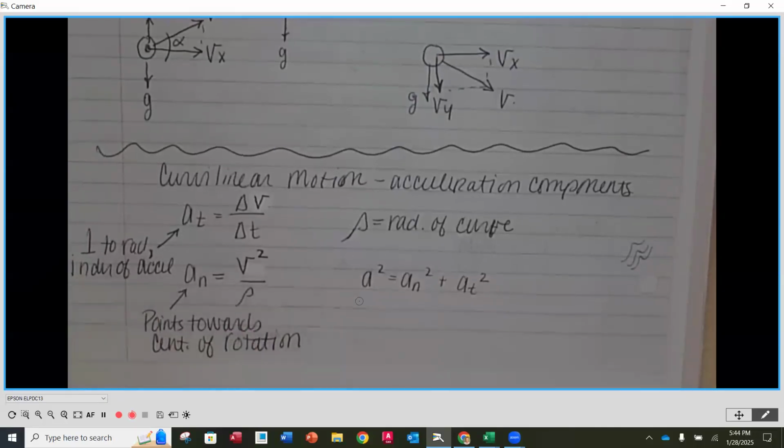And then I just put little notes that the tangential is going to be perpendicular to the radius in the direction of acceleration. So again, going along in the direction of velocity, pointing with the velocity when we're speeding up, and going in the opposite direction of the velocity when we're slowing down or decelerating. But the normal is always going to point from that point down towards the center of rotation, or the center of the curve that's created from the path.